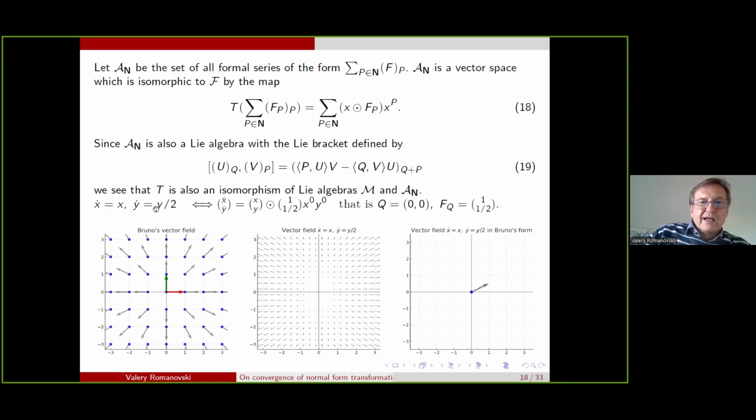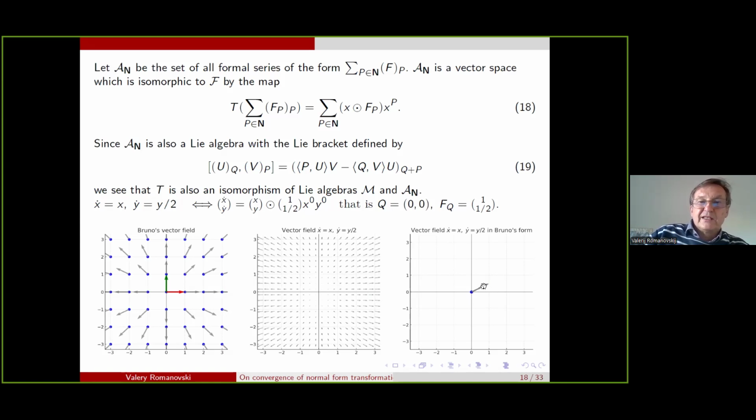But if you write this in Bruno's vector form, instead of this form you write x dot, y dot equals xy times 1/2, x0 was 0, so it means q is 0, 0, f_q is 1, 1/2.